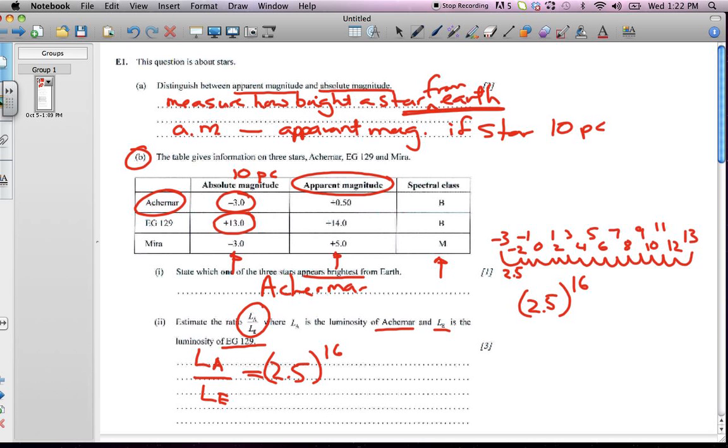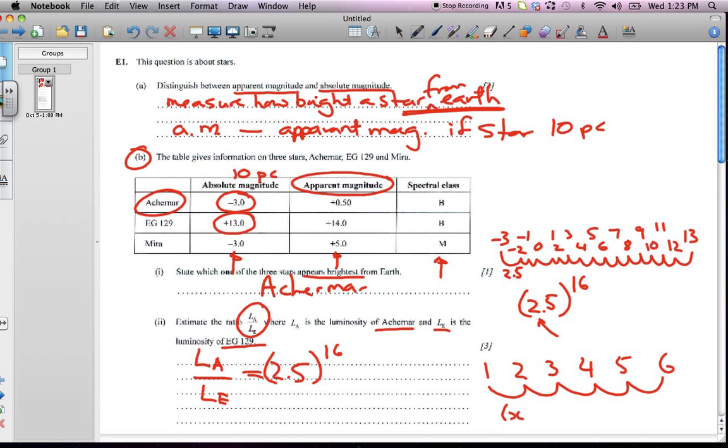I hope you understand this idea of the 2.5. Remember, they set up the scale for your apparent magnitude, and in the beginning it was from 1 to 6. So 1, 2, 3, 4, 5, and 6. These were the classification, and star 1 was 100 times brighter than star 6. And if we do this number of factors, there's actually a 5 factor difference here.